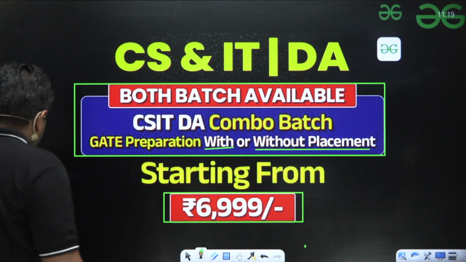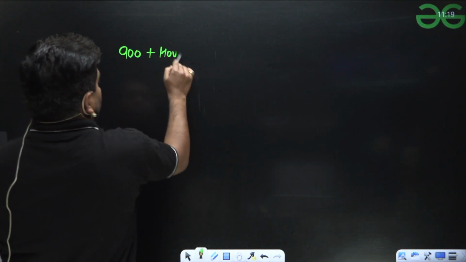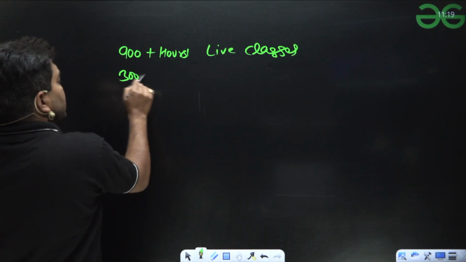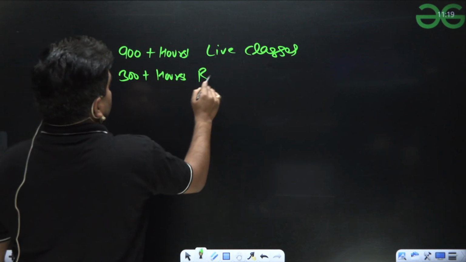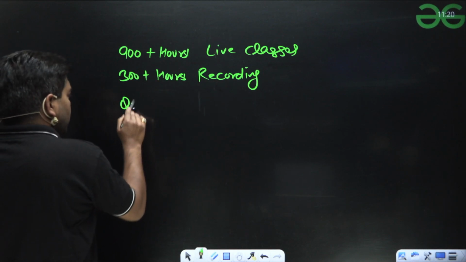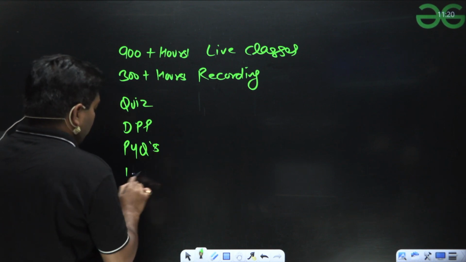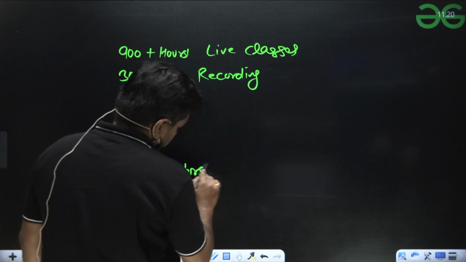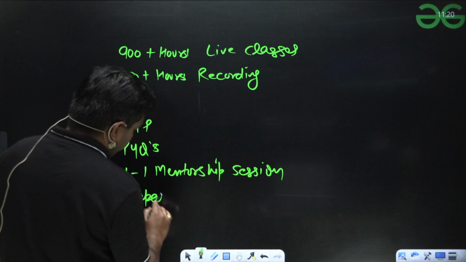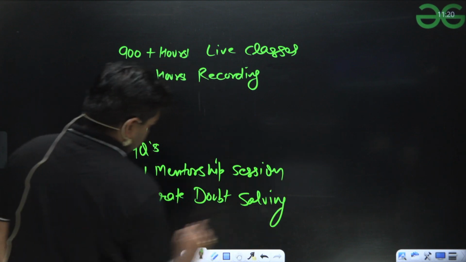Sir, what do we get in the batch, what is the USP? You will get 900 plus live hours of live classes, 300 plus hours of recorded content, and we have separate batches for Hindi and English. Quiz, DPP, PYQs. We have 1-to-1 mentorship sessions, and separate doubt solving, and many more.